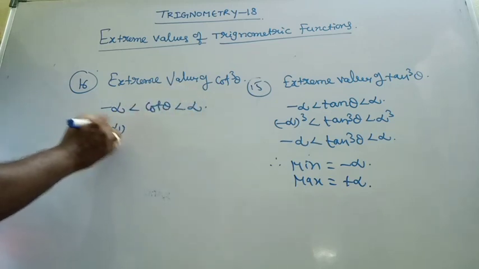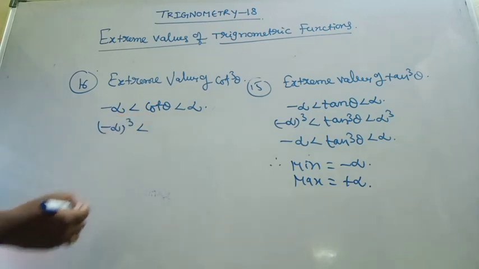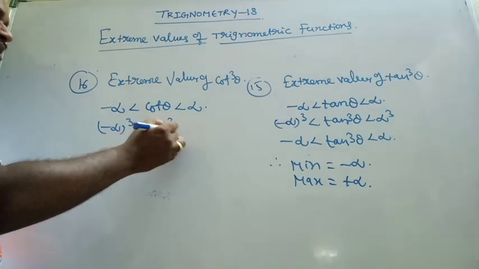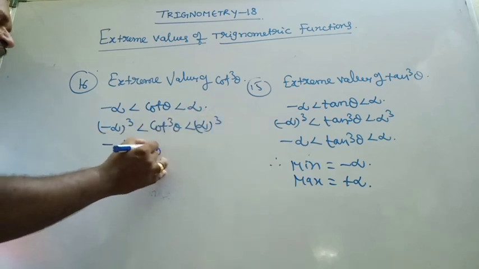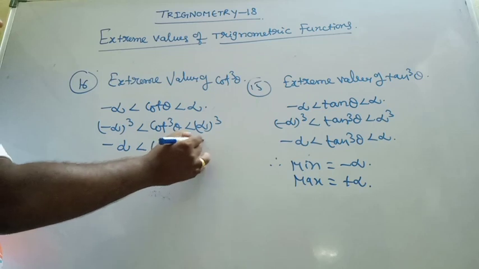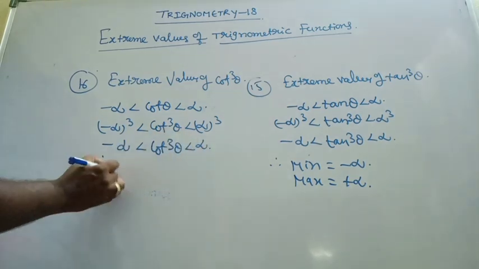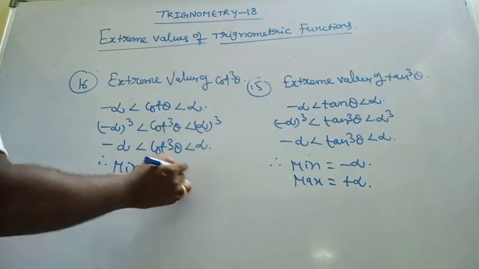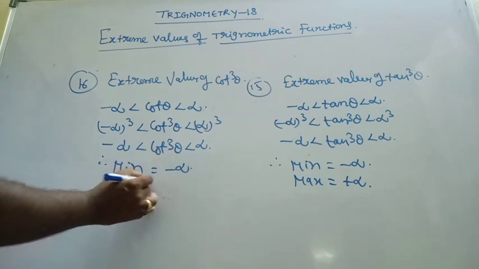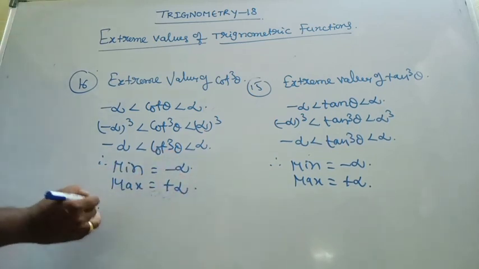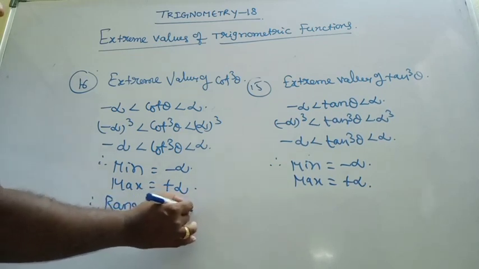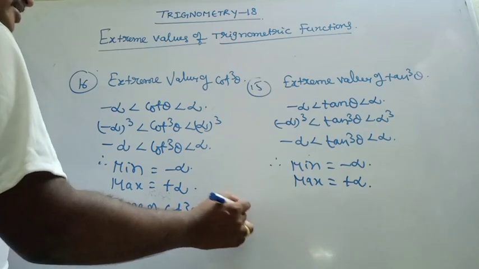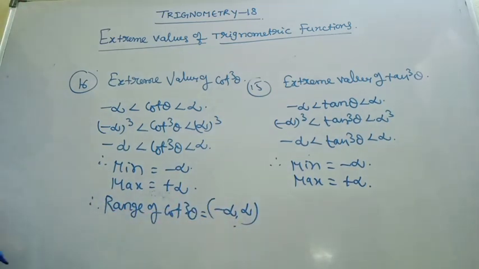If you do cubing on both sides, we have -infinity less than cot cube theta less than infinity. Therefore, the minimum value is -infinity and the maximum value is +infinity. Therefore, the range of cot cube theta is nothing but -infinity to +infinity.